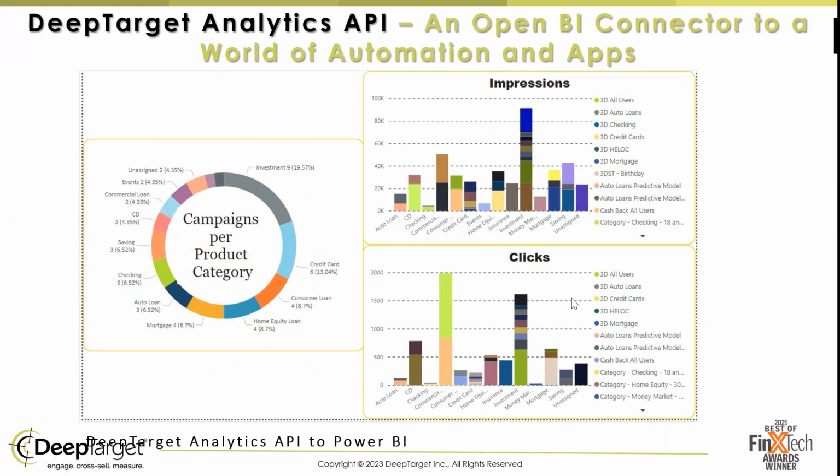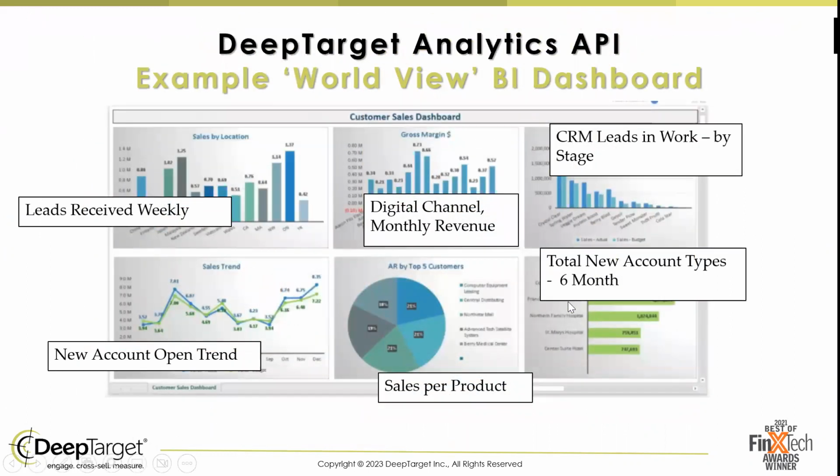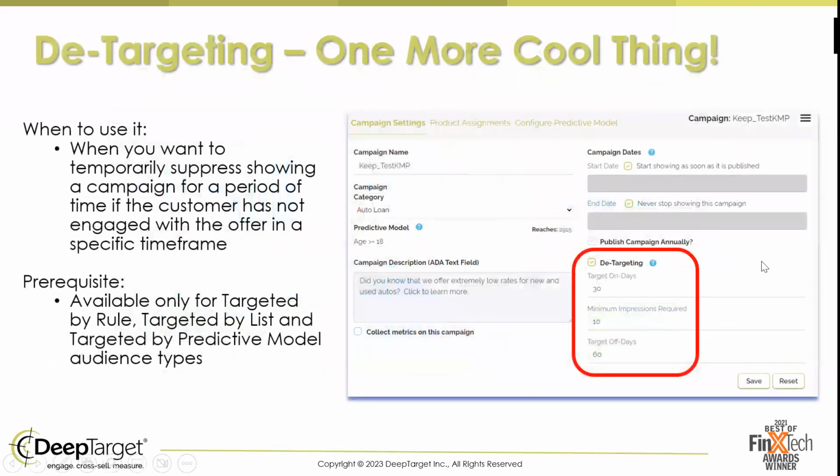And finally, this is an example of what some credit unions and banks have talked to us about, pulling weekly leads into, if you will, a world view dashboard for the upper management to see new account trend, revenue, sales per product, CRM leads and so forth. So pulling all the different information together into one BI environment so they can see across your organization what's going on. Okay, more of a heartbeat of what's going on.